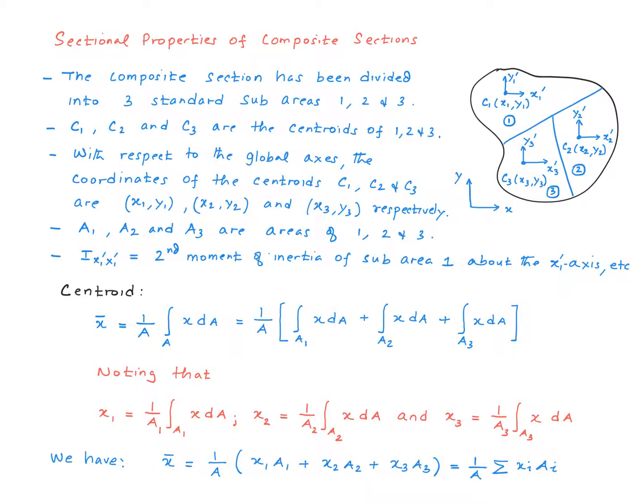X bar, therefore, is 1 over A times the sum of xi times Ai, where i goes from 1 through the number of sub-areas we have in the composite section. In other words, we can find x bar of the composite section from the knowledge of the centroids and the areas of the sub-areas. And y bar, of course, has a similar structure, and I'll summarize the equations in a little bit.